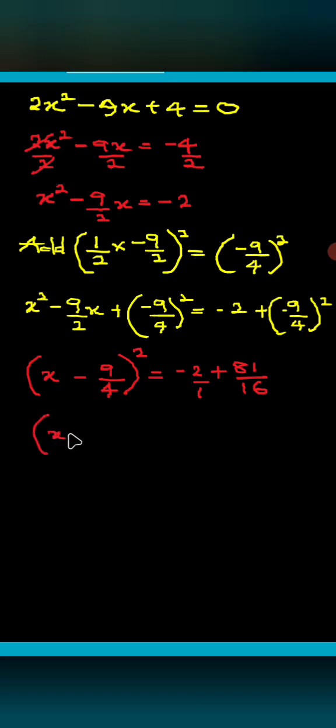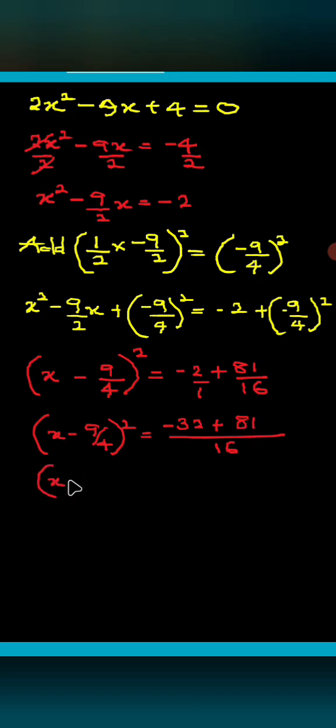So we'll have x minus 9 over 4 squared equals, the LCM here is 16. 16 times minus 2, we have minus 32. Plus 16 is 16, that's 1, times 81 will give us 81. So we have x minus 9 over 4 squared equals minus 32 plus 81 will give us 49 divided by 16.